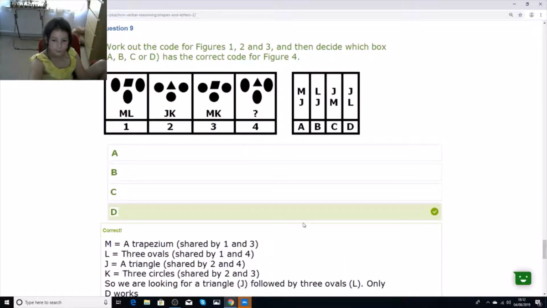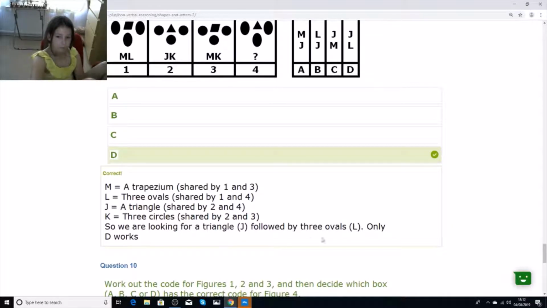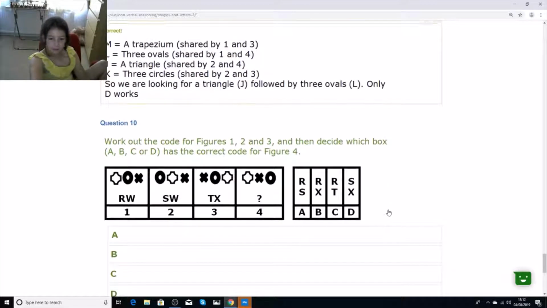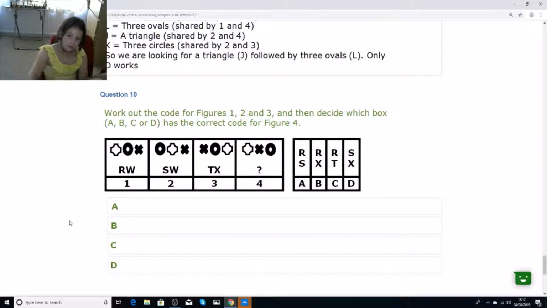Correct. So I'll give you a few seconds to read this explanation. Okay, so question 10, the last question. Well, here we have 3 shapes. It's probably about the order. There's nothing really else about the code.